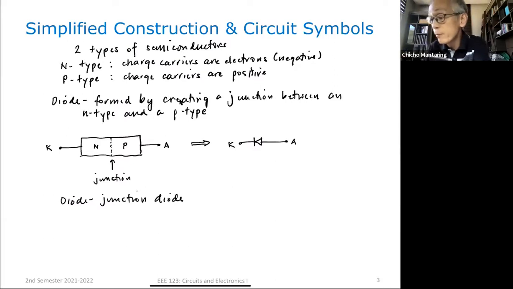Okay, of course, the material that is used to create this is a semiconductor material. And the most common semiconductor material currently used in electronic devices is silicon. Silicon is the most common.